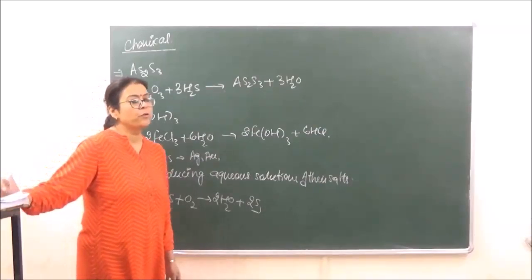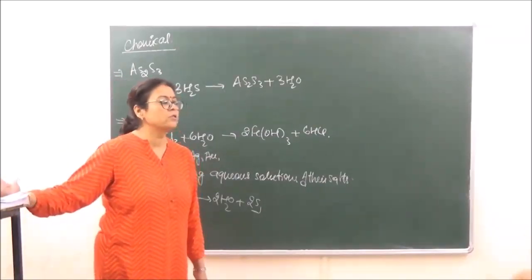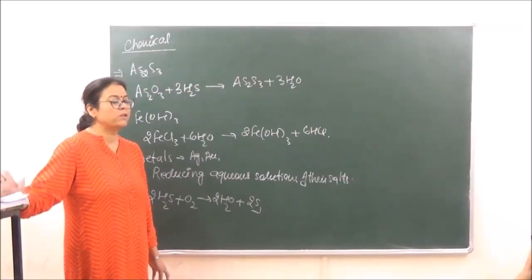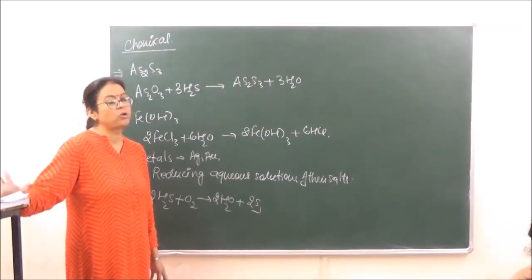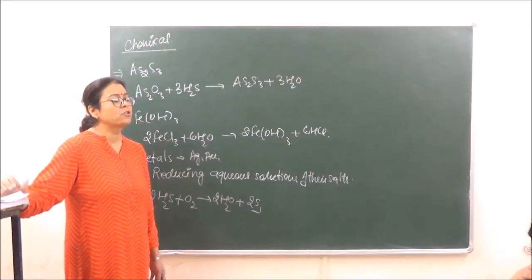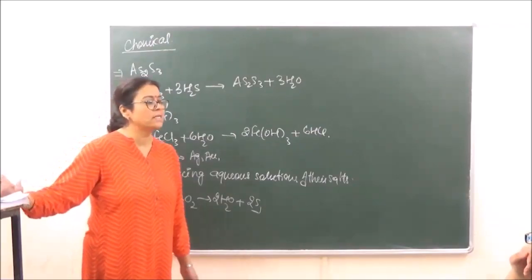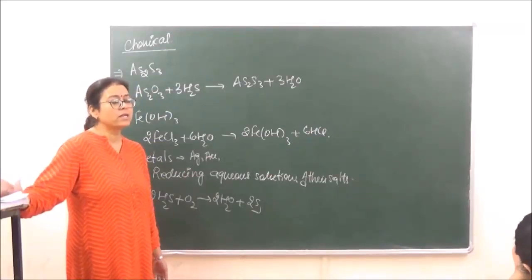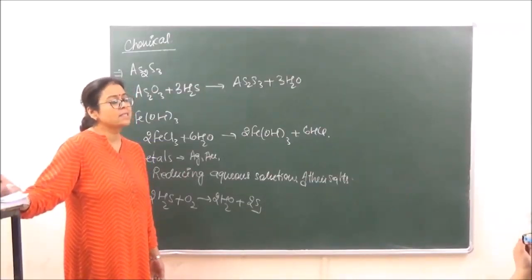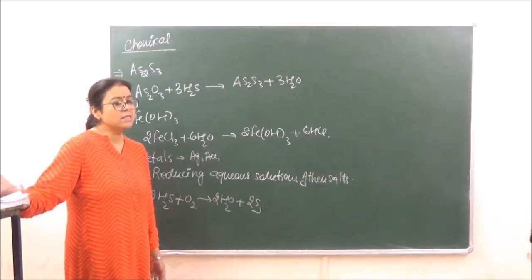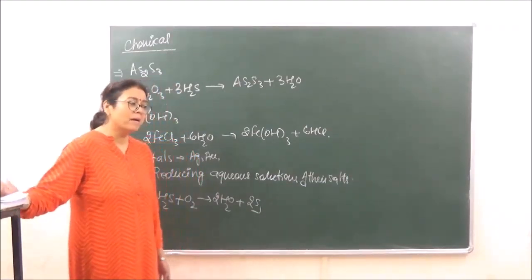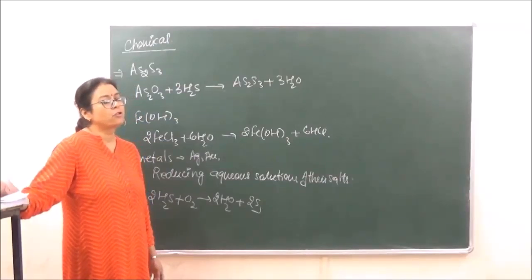Now tomorrow we are going to do the purification of the colloids which we have made. Right? Whatever we have prepared today, tomorrow we are going to purify these colloids. The various methods, like the ones you also use in biology, that is dialysis and electrodialysis, all that we are going to discuss tomorrow. In these methods, the principal differences between the colloids and the true solutions are kept in mind in order to purify the colloids.